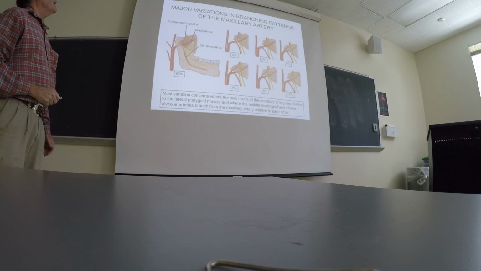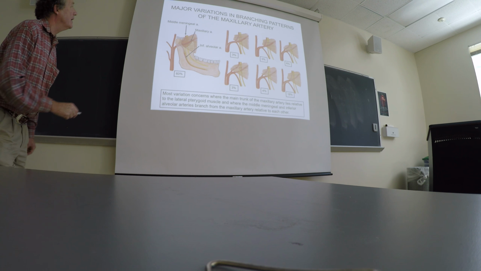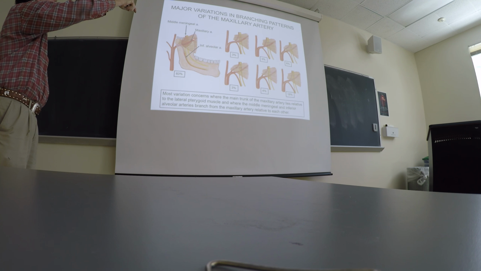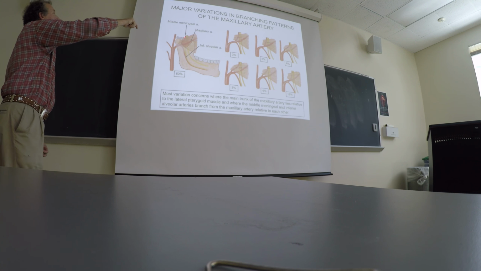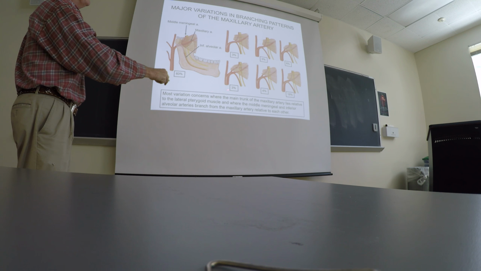The maxillary artery should be lateral, and then dives in. But the relationship between the maxillary artery and its branches and the lateral pterygoid muscle is just all over the place.